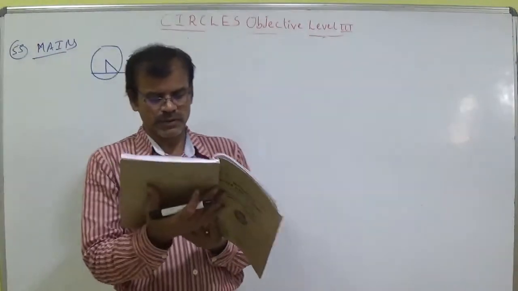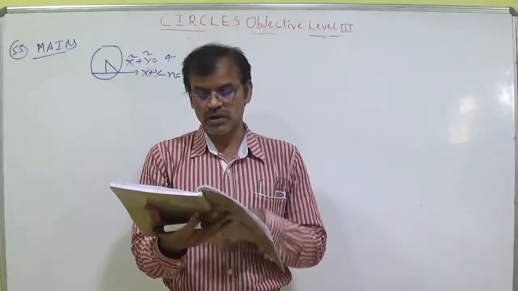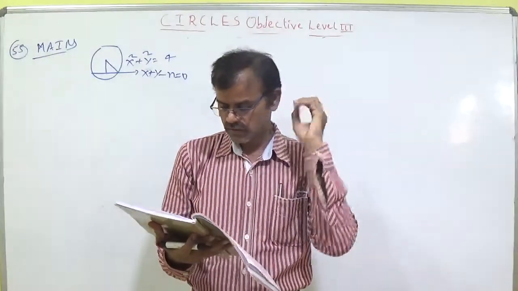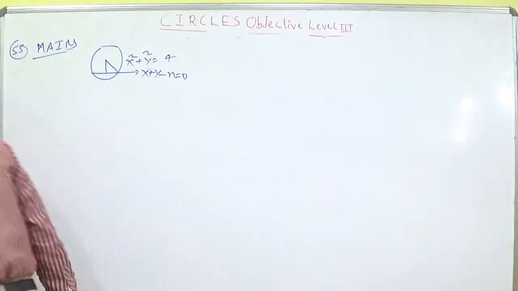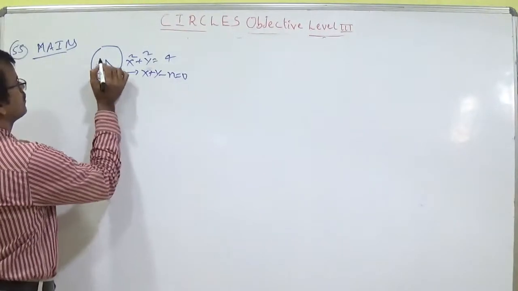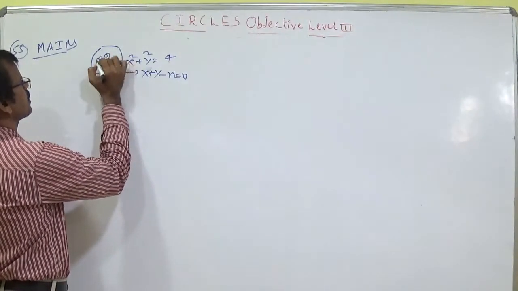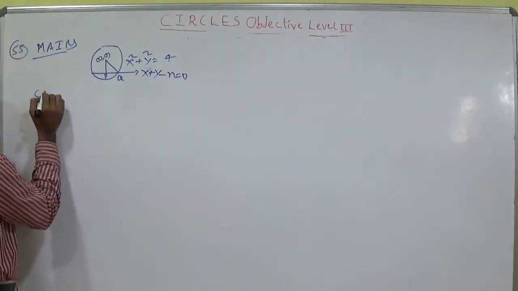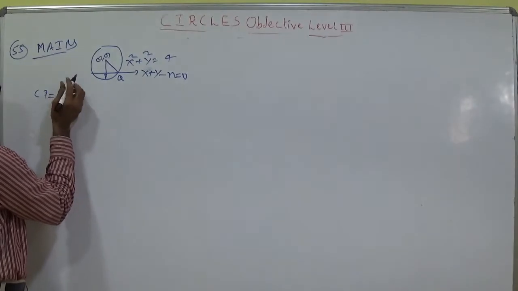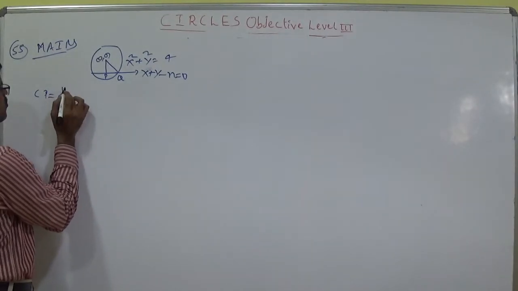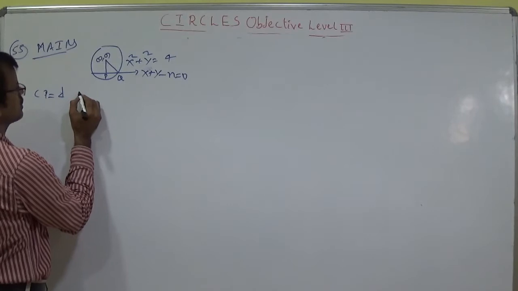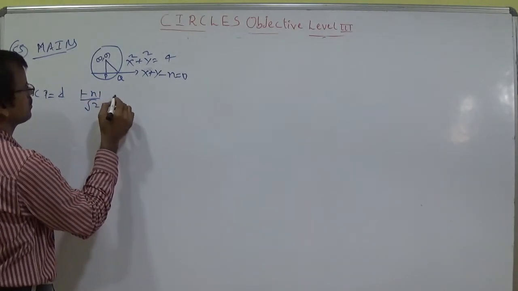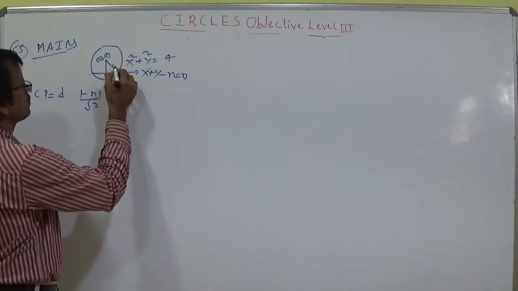Put here the center 0 comma 0, this is P and this is Q. CP is equal to d, which means the perpendicular distance from the center to the line. So you can write here n by root 2. R is equal to 2.